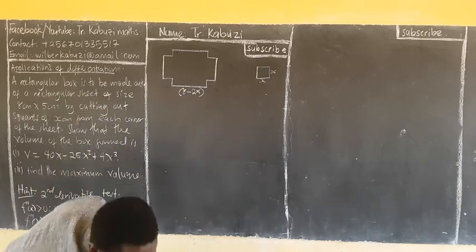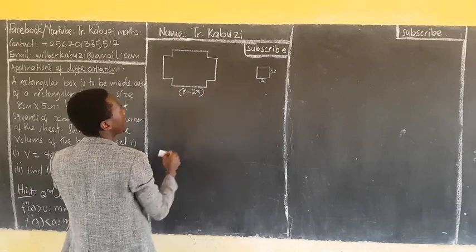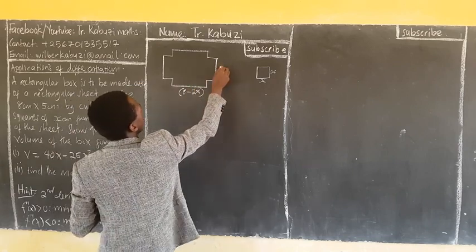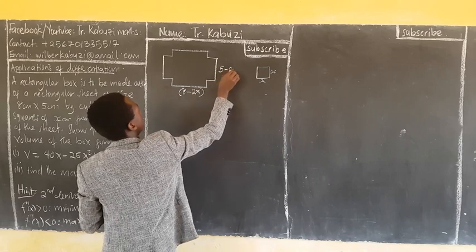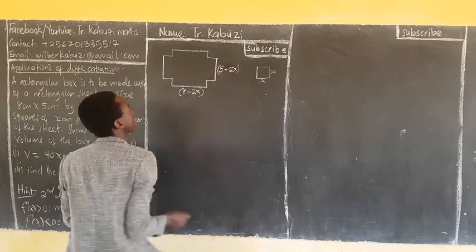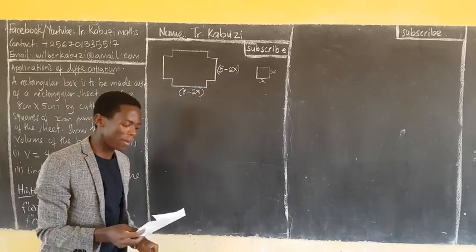And this was 5, so if I get 5 minus this x and also this x, there will be minus 2x. So that's now the length I'm remaining with and the width I'm remaining with.